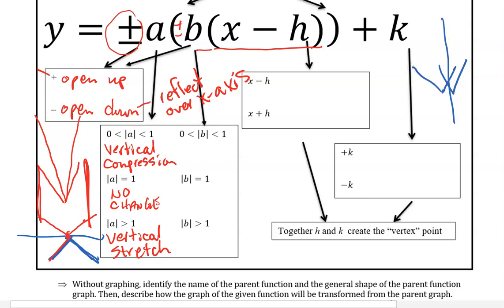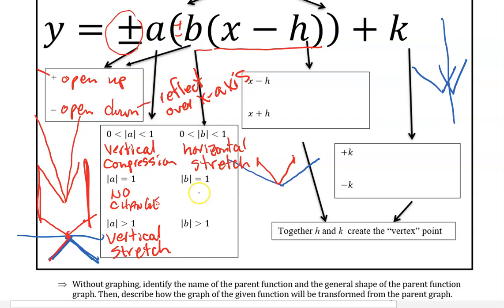On the other side of things, if b is greater than 0 but less than 1, it's going to cause what's called a horizontal stretch. So, from our parent function, a horizontal stretch would take our x values and stretch them out horizontally.